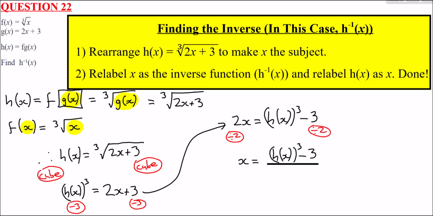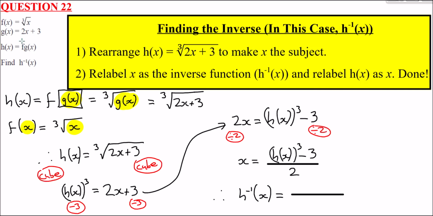The final step seems quite strange. All we need to do is perform a switcheroo with x and h of x essentially. So just relabel x as the inverse function. So this we need to relabel as h minus 1. So therefore h minus 1 of x equals, get the fraction ready. We also need to swap h of x here with x, because x is the standard input.